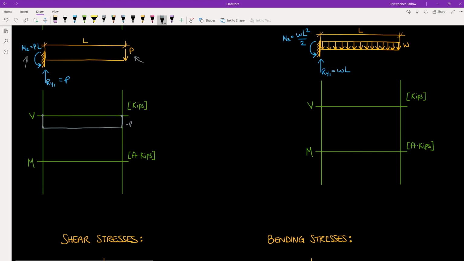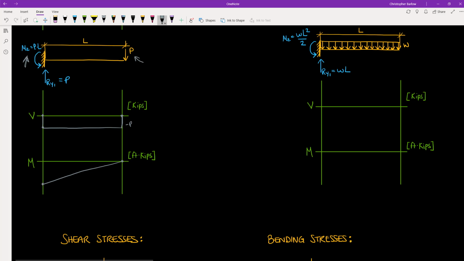Now we can begin drawing our moment diagram. Again, we'll start at the right side, where we should be at 0, because this is a free end. And the magnitude of our moment will increase, though it will be negative, until we reach the left side here, where we have our moment reaction.